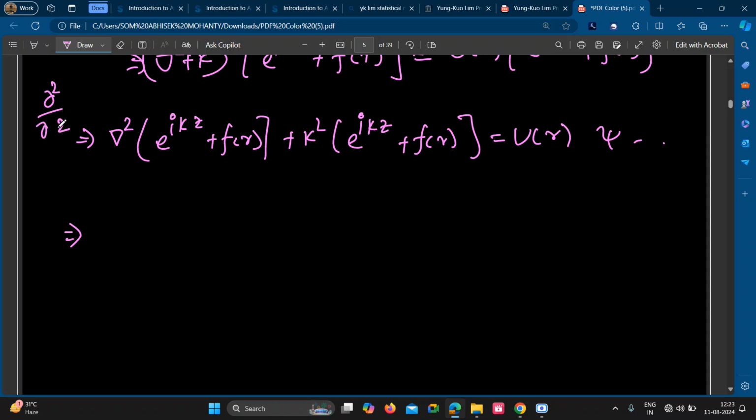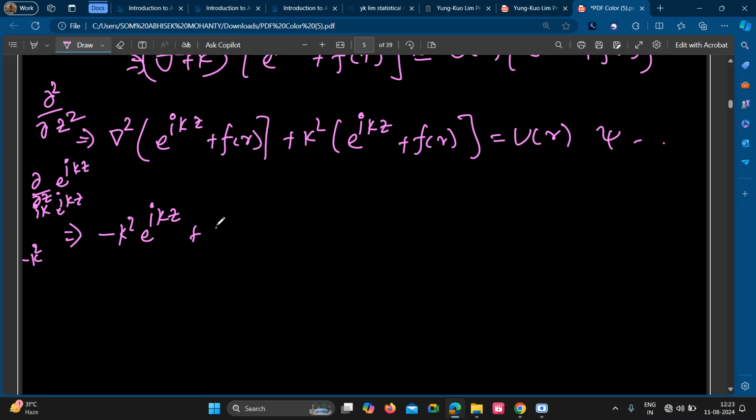Here z is there, so del square by del z square. If I take the double derivative of e to the power ikz, I get minus k square e to the power ikz. Once I take the derivative it is ik e to the power ikz, and taking it again, ik comes again, so minus k square.